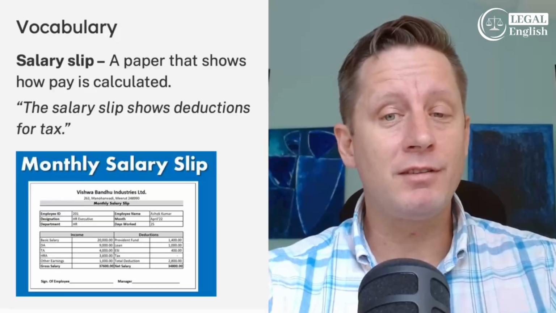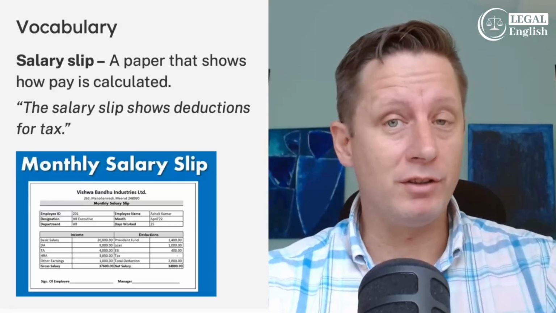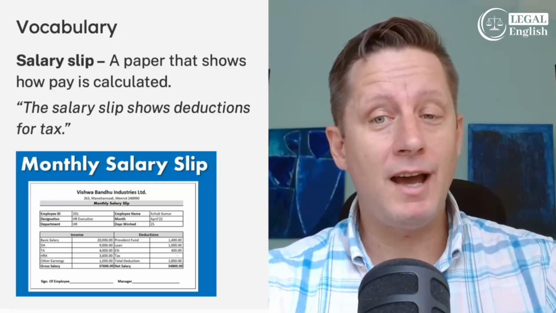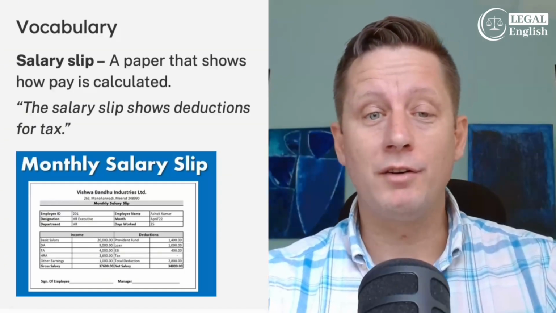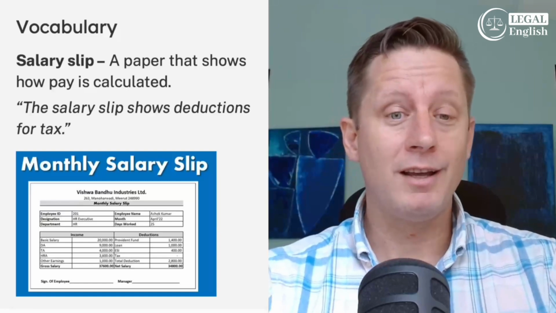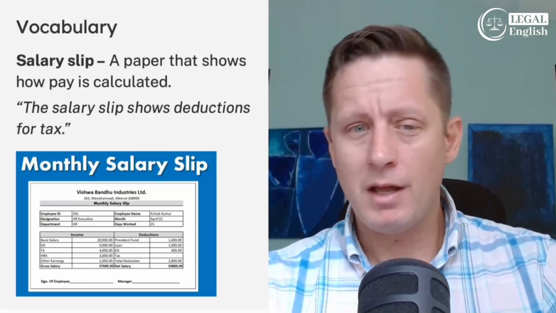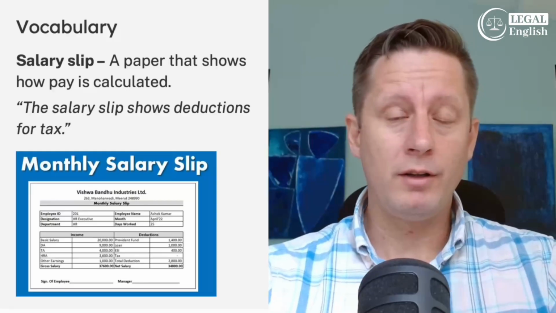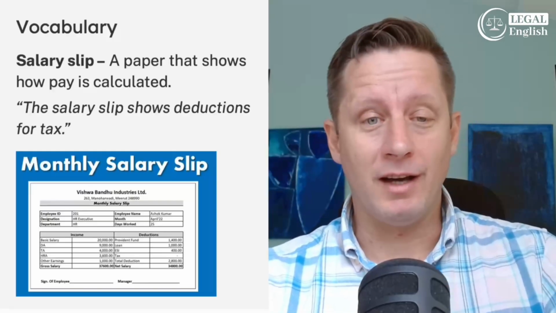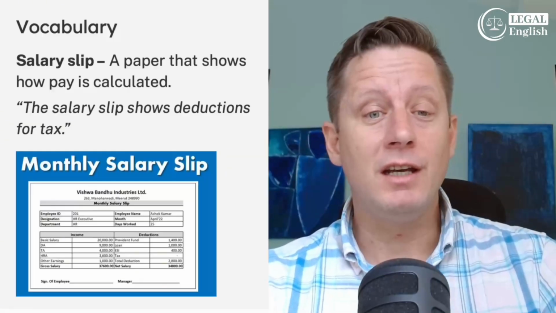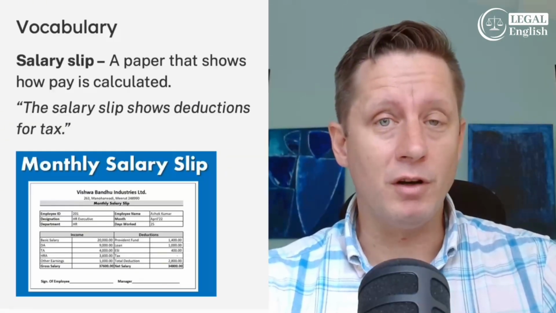His salary slip shows $500 gross pay, minus $50 tax, minus $20 Social Security, leaving $430 net pay. The slip is proof of what the worker earned and what was deducted. Lawyers may check salary slips to see if an employer followed the law.